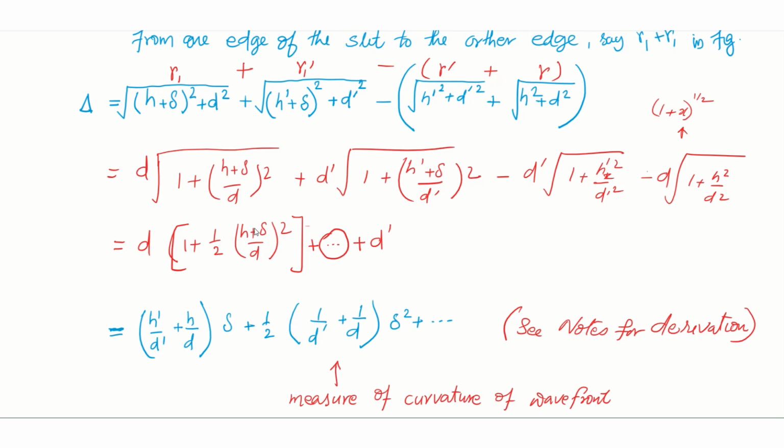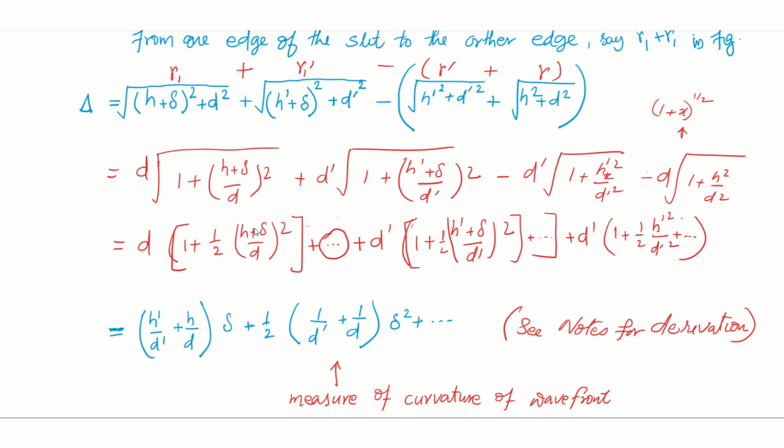What we are interested in is the first two terms actually. That is d prime times 1 plus half of h prime plus delta over d prime, all squared, plus etc., and plus d prime times 1 plus half h prime squared over d prime squared plus etc. Actually I should have put this bracket here, that would be better.